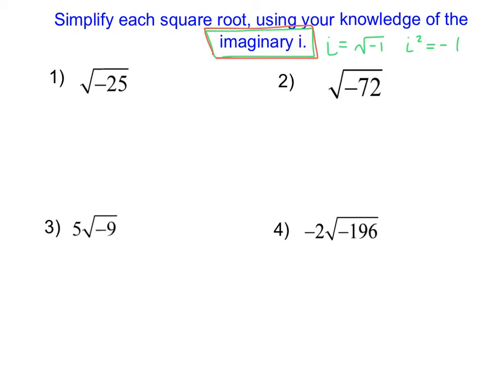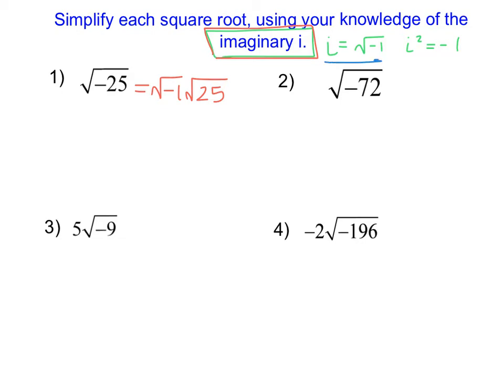Now, when I simplify these, I typically always start off by rewriting that square root as the square root of negative 1 times the positive version of that number, so in this case, the square root of 25. So I can rewrite that root as the square root of negative 1 times the square root of 25. And then from here, I can simplify each square root.